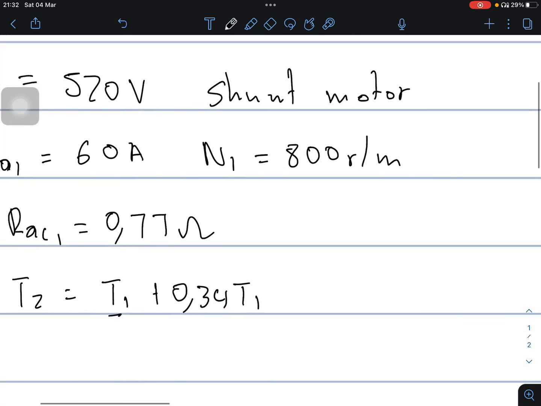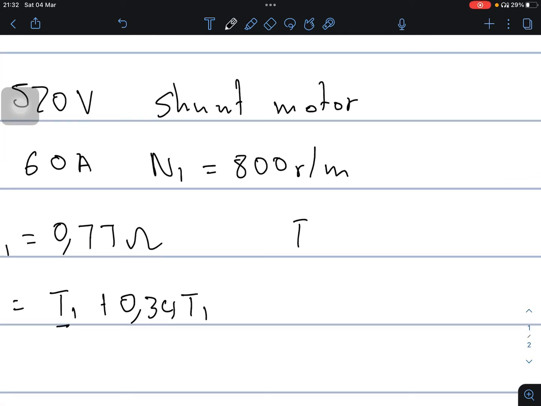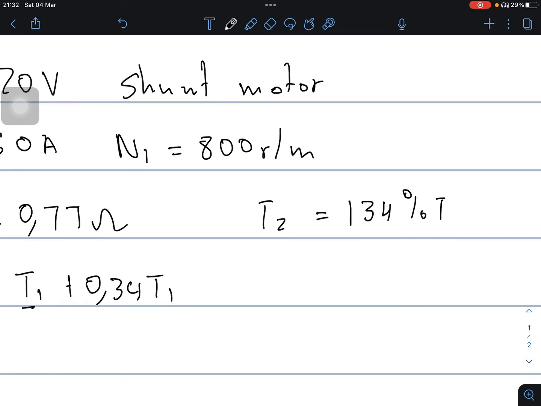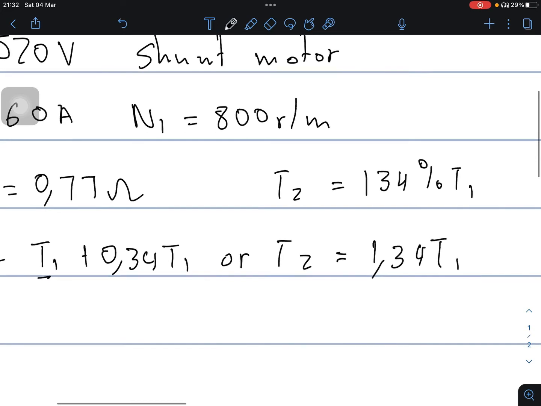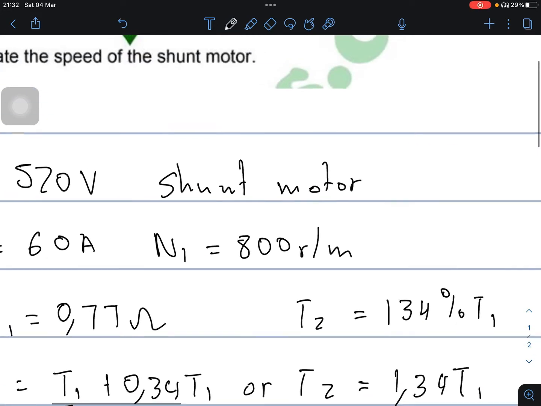Or you can say T2 now is 134% of T1. If you divide 134 by 100, T2 is 1.34 T1. Either way, it's correct. Now you have interpreted the statement correctly.